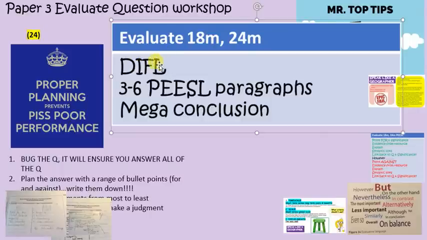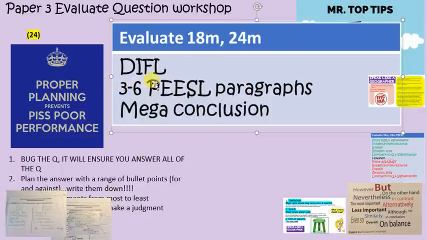Define, the first line, the keywords from the question. 4 to 6 PEASEL paragraphs. Your 24 marker, you should be looking towards the 6. Your 18 marker, it's 4 to 6. I've made a bit of a typo there. For your 18 marker, if you've got well developed PEASEL paragraphs, you don't need any more than 4.